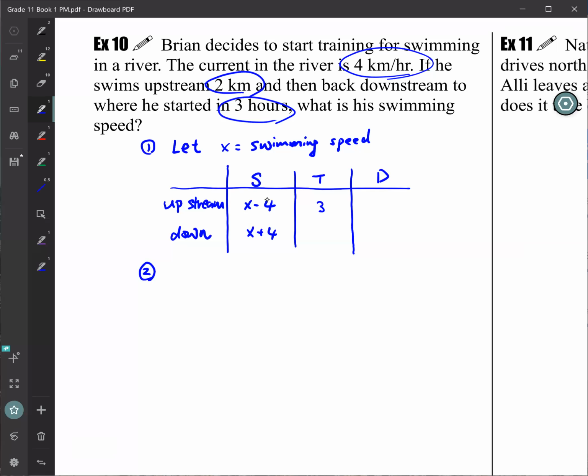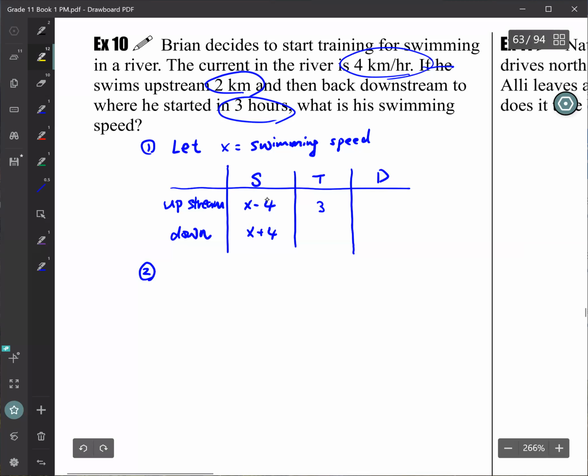It's 3 hours for, yeah. What's the 3 hours for? The down. Only the down? Right, you look at this sentence, let me highlight it, right?